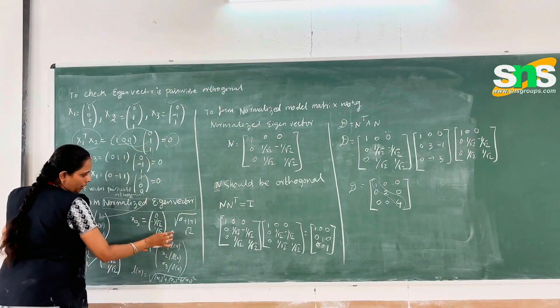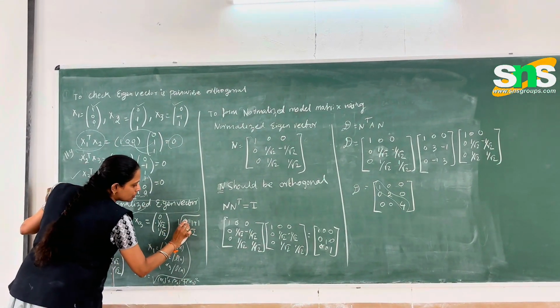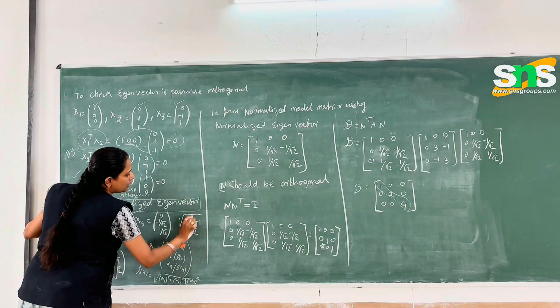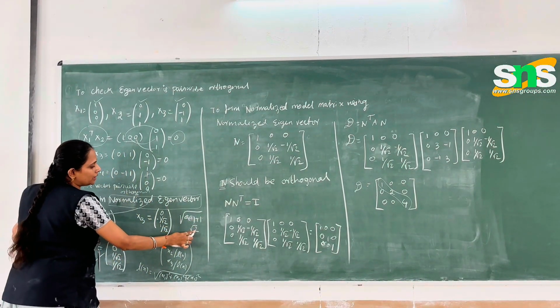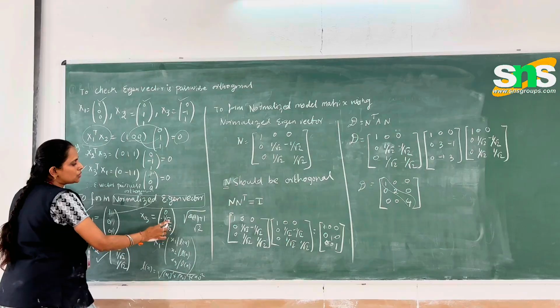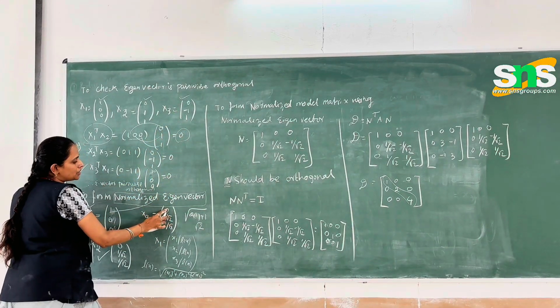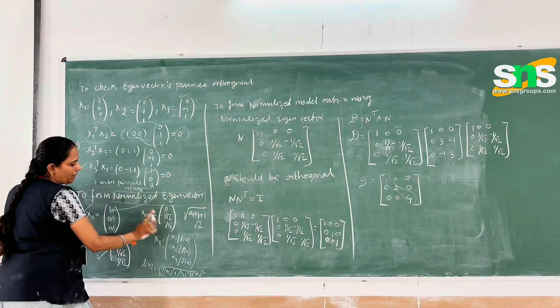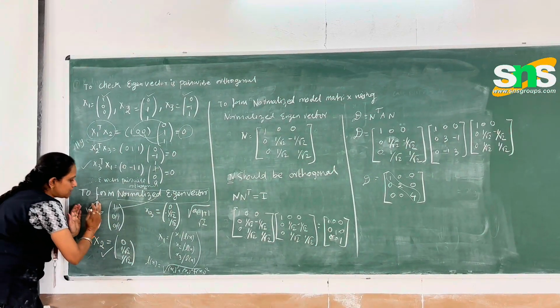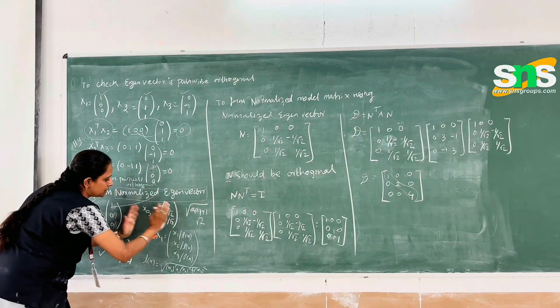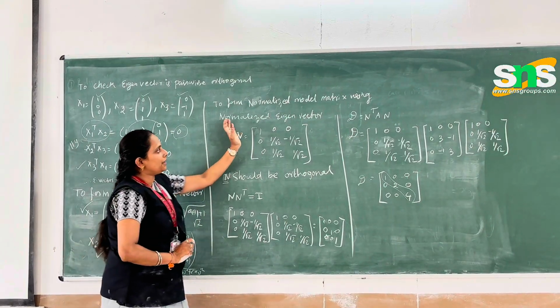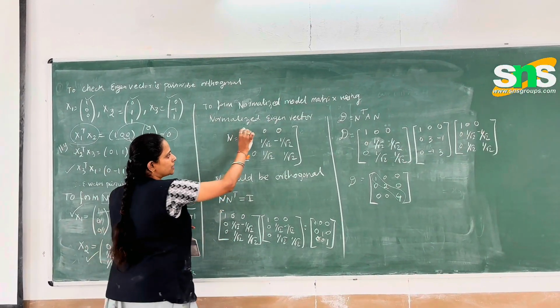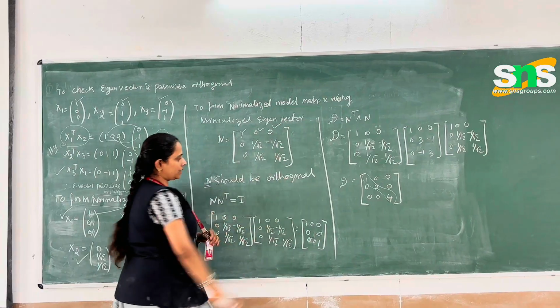Here, 0 square plus minus 1 whole square plus 1 whole square gives root 2. So the answer is 0 divided by root 2, minus 1 divided by root 2, and 1 divided by root 2. Combining these, we get the normalized eigenvectors.